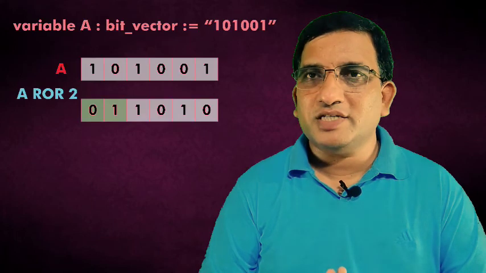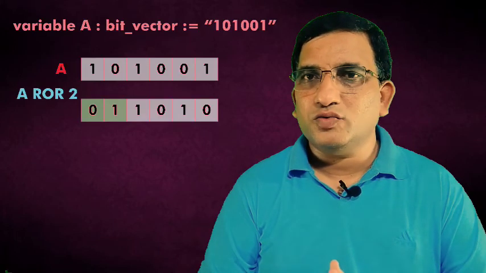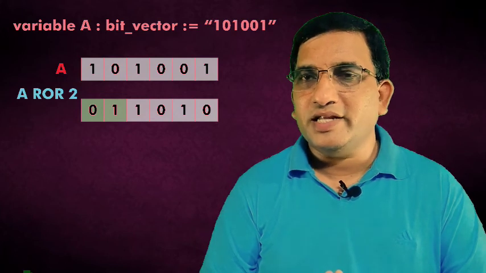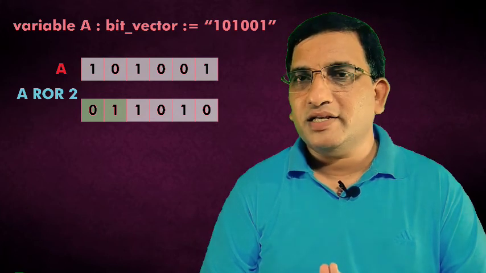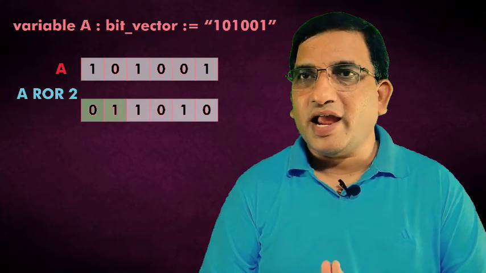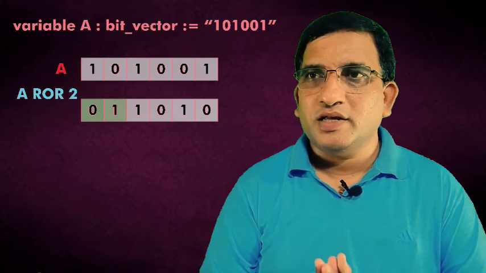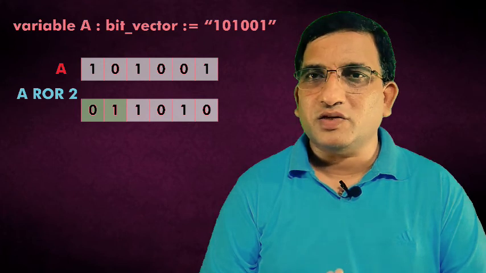Similar to this, we have the last command, AROR2. So rotate right. When we rotate right, the data will be circulated by 2-bit positions to the right, and the result will be 0 1 1 0 1 0.